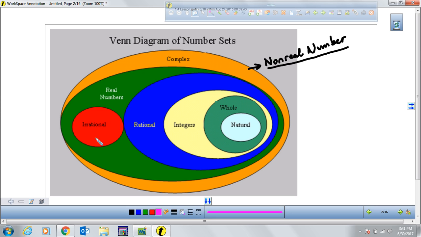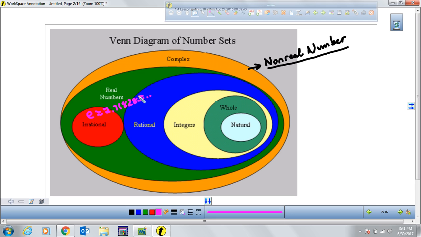An irrational number is any number that cannot be expressed in the form of a fraction. Some examples of irrational numbers that you're going to see throughout this course is the number e, which is called the Euler number. This one has an approximate value of 2.718285, and so on and so on.